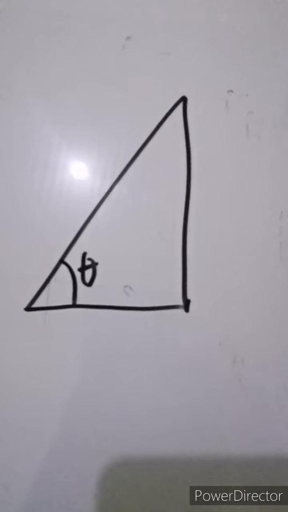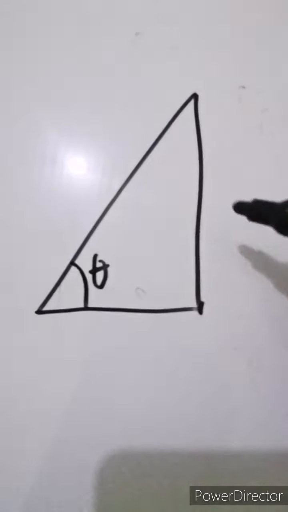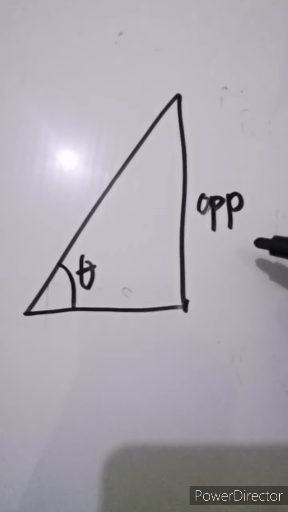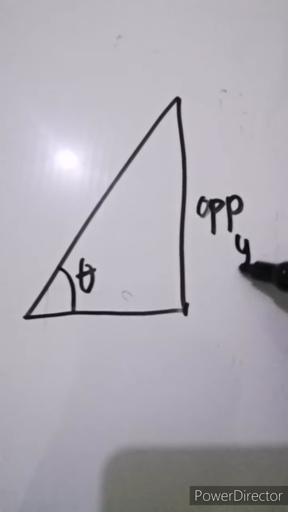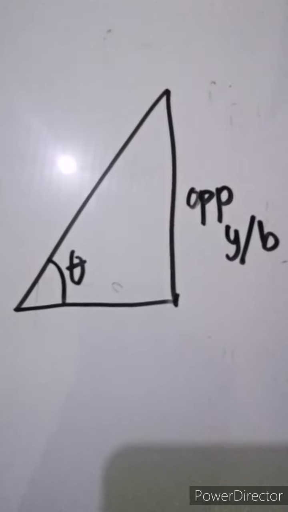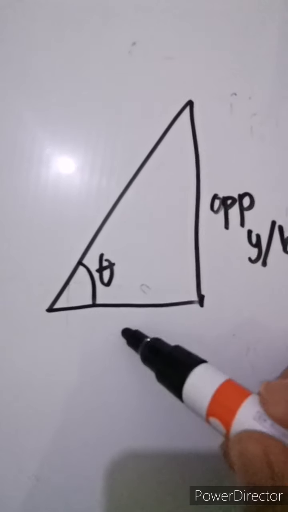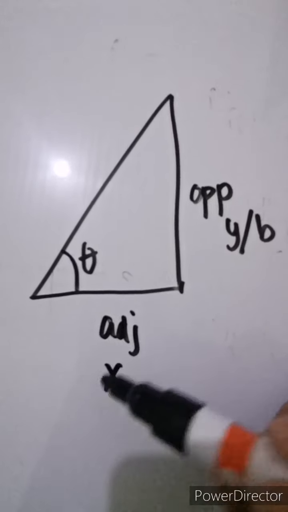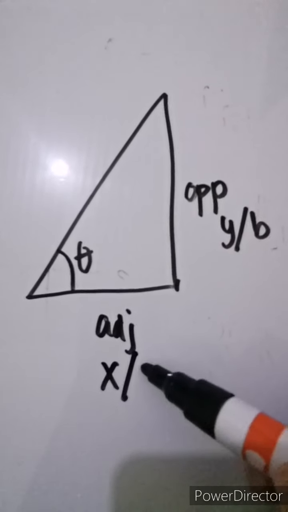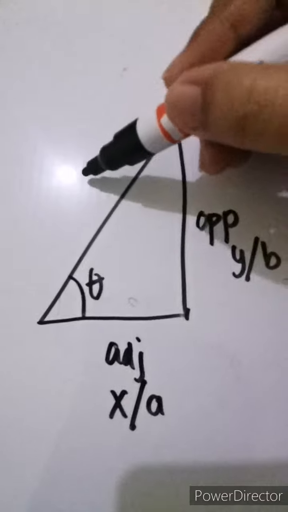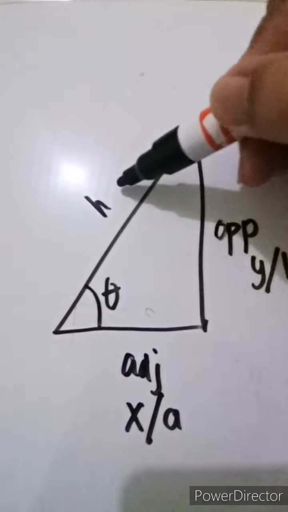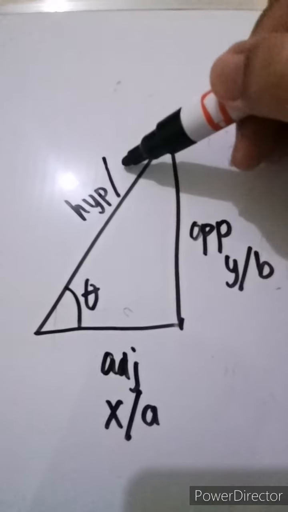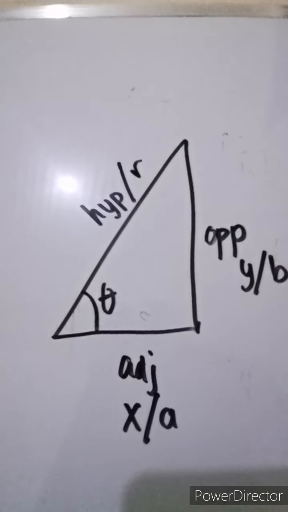Okay, dun kanina, kung ito ang reference angle, this is the opposite. So, yung opposite natin, it can be denoted as Y or the B. And this adjacent, this can be denoted by X or A. And the longest side of the triangle is hypotenuse or the R value.